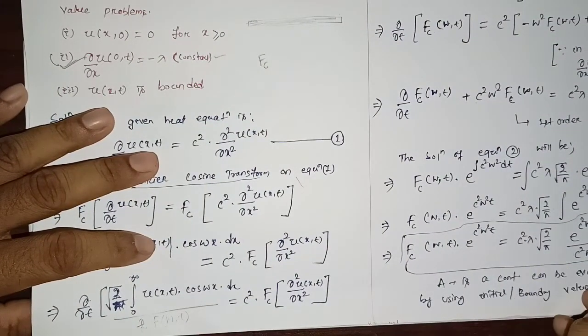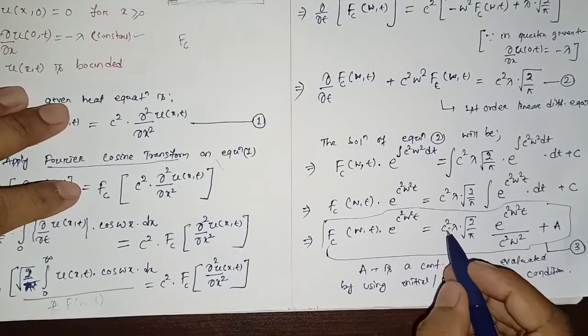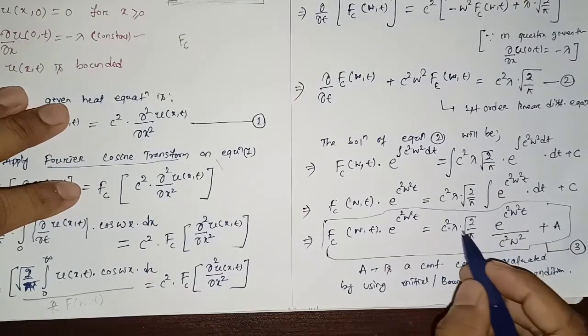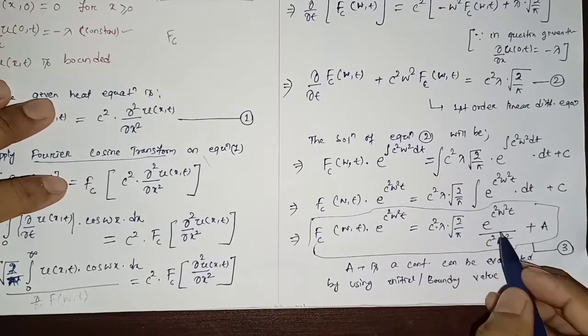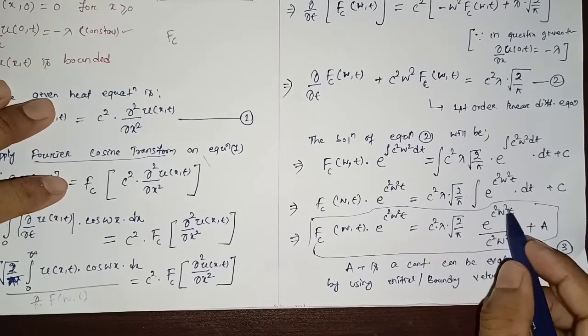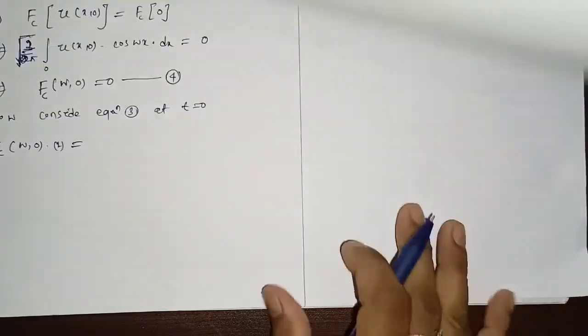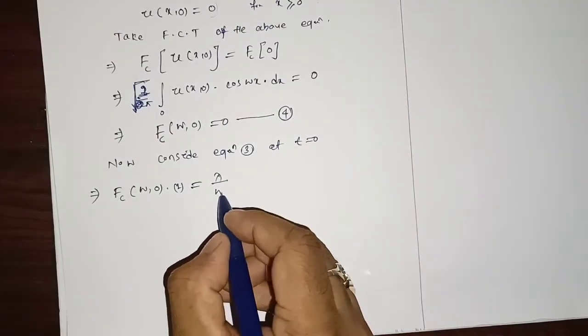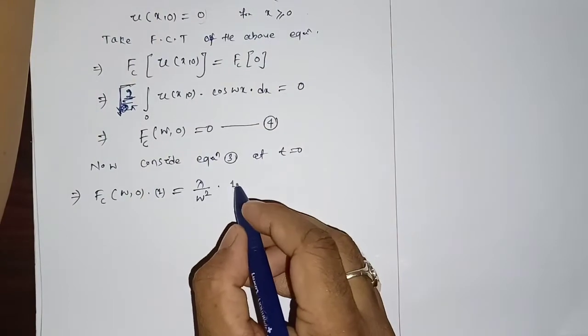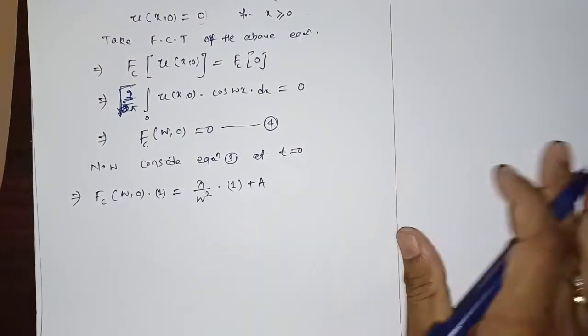We found λ by ω² into root over 2 by π, this value will be 1 because e to the power 0 is 1, plus a.